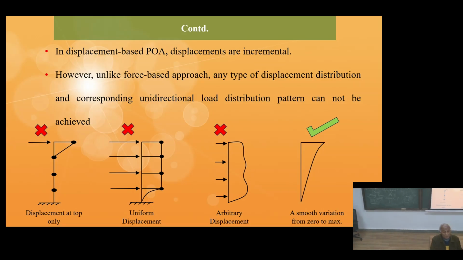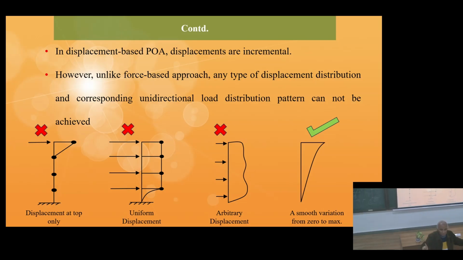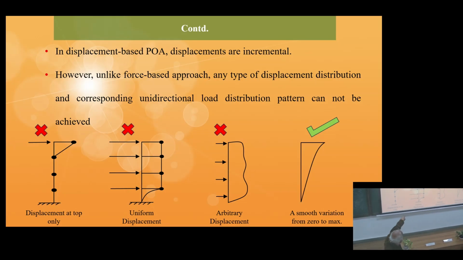No. You have to put a load on this, or opposite side loads, so that finally the displacement becomes uniform. So a unidirectional force distribution I cannot develop. Is that clear? Yes or no? Yes. So I cannot have it.